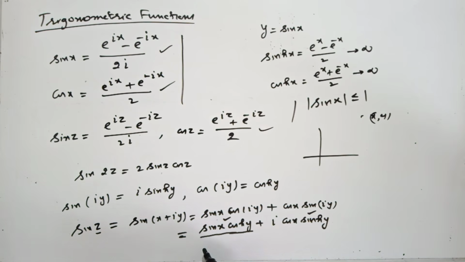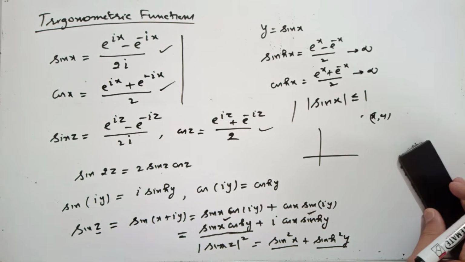You can also show from this, take its modulus and square it, you will find that it is equal to sine square x plus sine hyperbolic square y. So from here also, sine is bounded, but sine hyperbolic is not bounded, so it is not a bounded function. So you see the difference between real sin x and complex sin z.